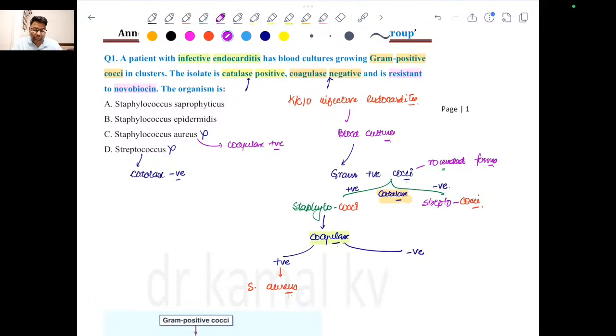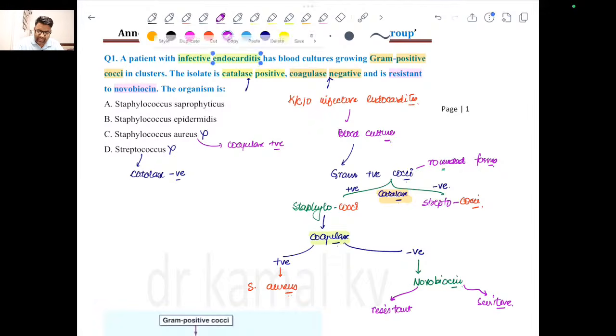Now we are left with two options, Staphylococcus saprophyticus and Staphylococcus epidermidis. So what we will do, we will take the help of novobiocin, right? Now, whether the bacterium is sensitive or resistant.